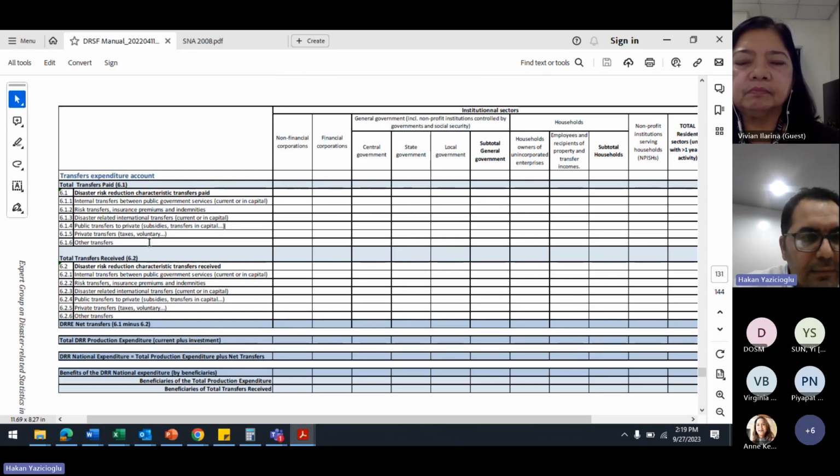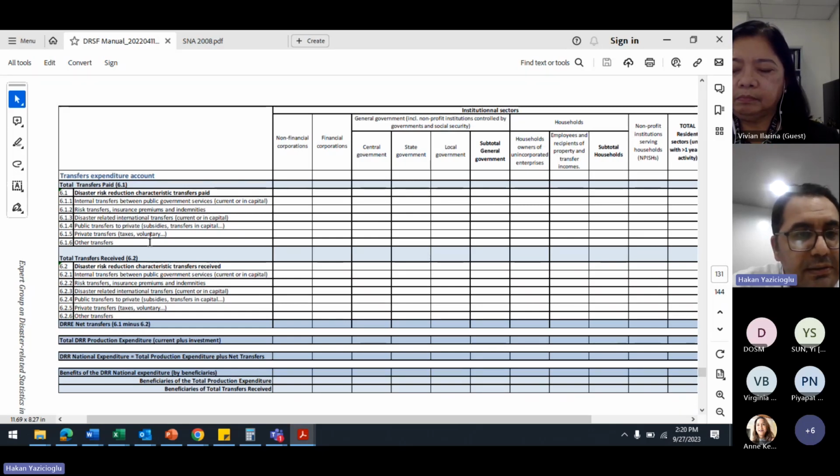So during or after the preparedness period, a country can get transfers from international institutions. Also, there can be transfers between public government services, and there can be transfers on risk transfers, insurance premiums, and other kinds of disaster-related international transfers, public transfers to private sectors, and private transfers like taxes, voluntary issues.